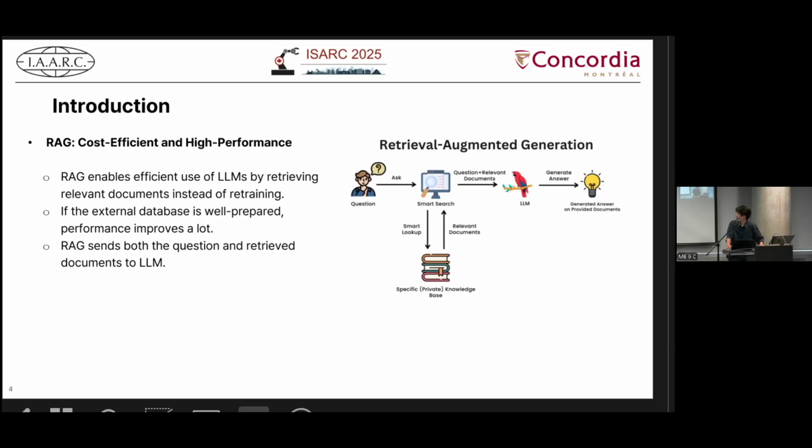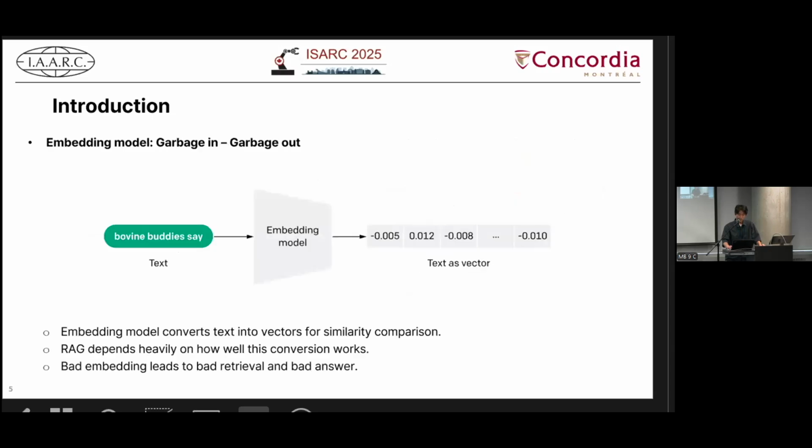Here's how it works. When a user asks a question, RAG first retrieves related documents from the external database. Then it sends both the question and the retrieved documents to the LLM. Using those documents, the LLM can give a more expert and accurate answer. The embedding model is a crucial part of the RAG pipeline.